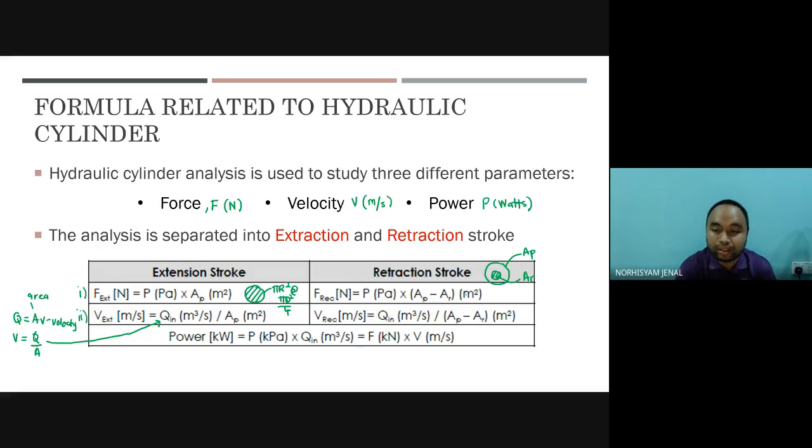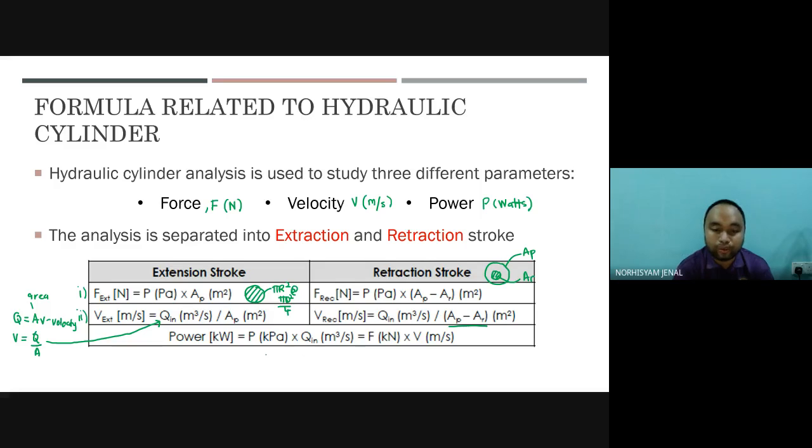Right, for this one, it's the same. But remember, we have AP minus AR because the surface area is just this area over here. Right, and the last one for power, we don't have any problem for this because P times Q is equal to power. Okay, so Pascal times meter cube per second is equal to power.